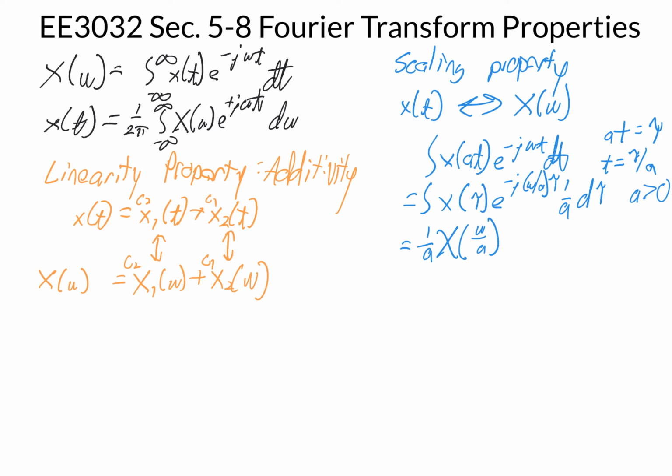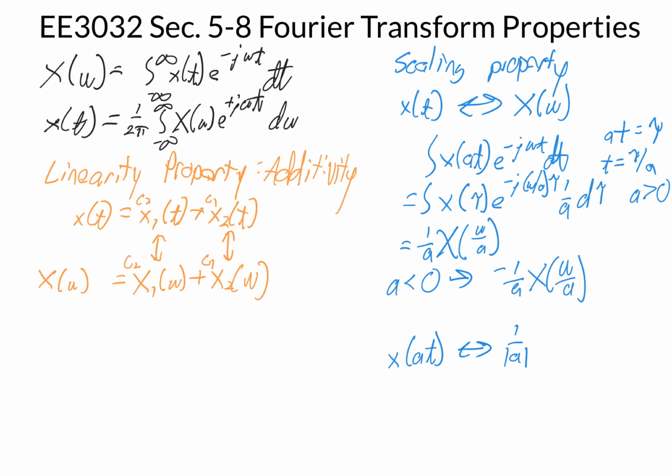If we go through all the steps when a is less than 0, we will get the Fourier transform is negative 1 over a X of omega over a. So let's write that out all together. If I have the signal x of at, so time is scaled by the real number a, then the corresponding Fourier transform is 1 over the absolute value of a.